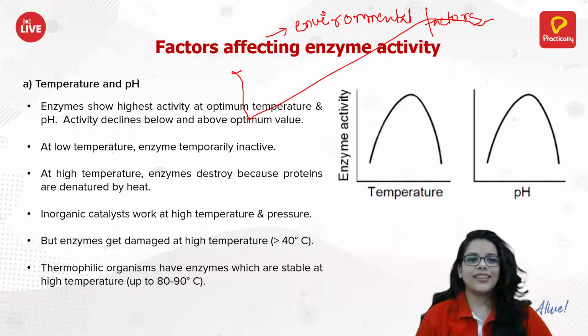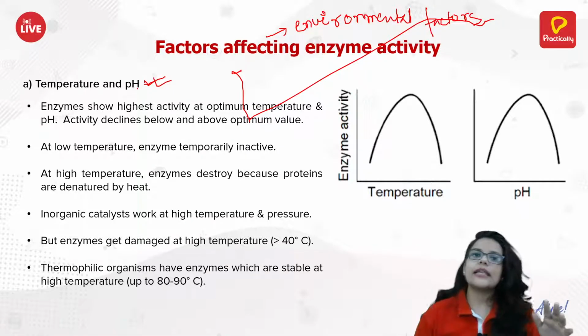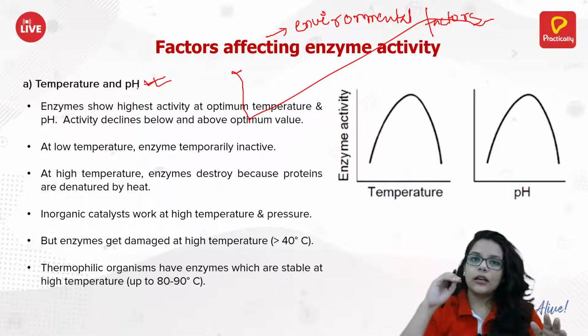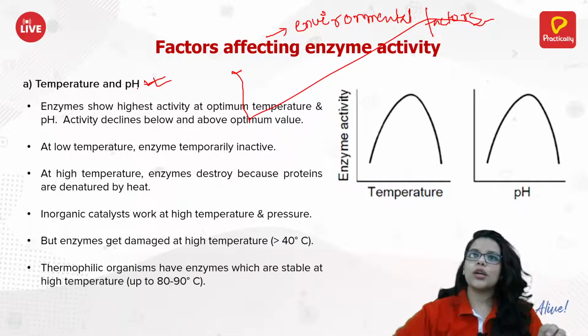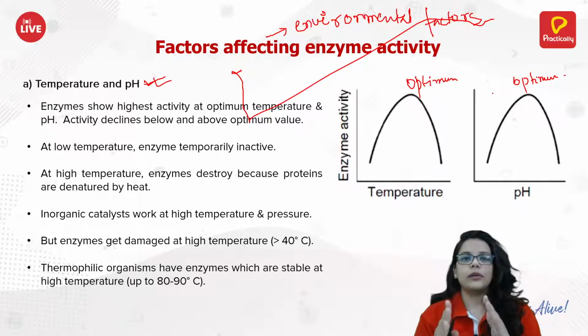Sorry, my pen tab malfunctioned. As I said, enzymes will work only up to a particular pH or a particular temperature, which is their optimum. Both temperature and pH have to be optimum.